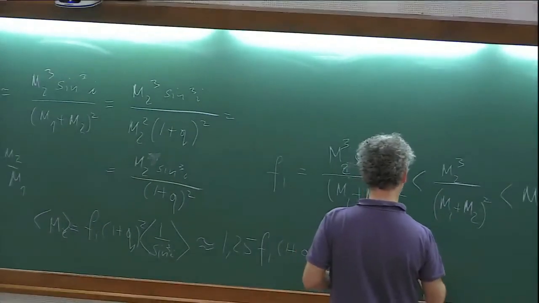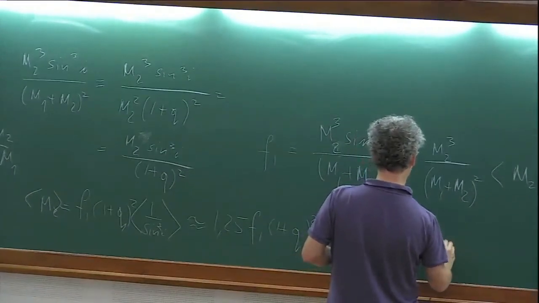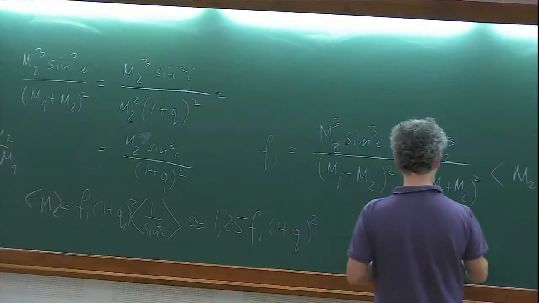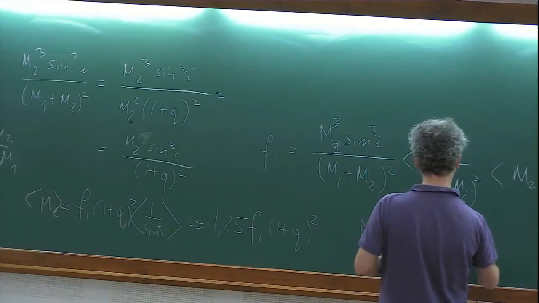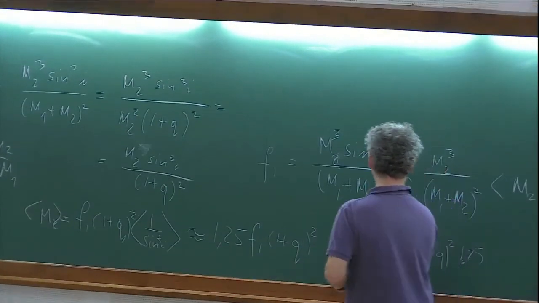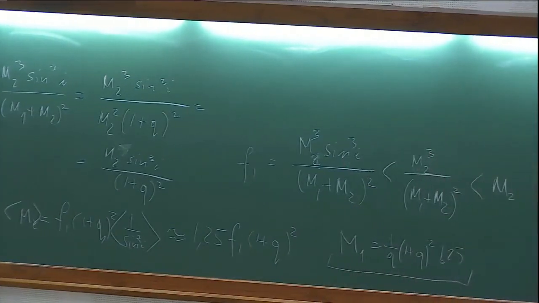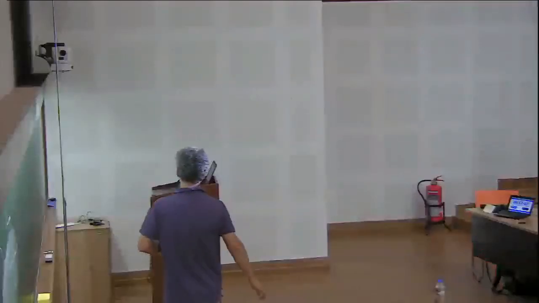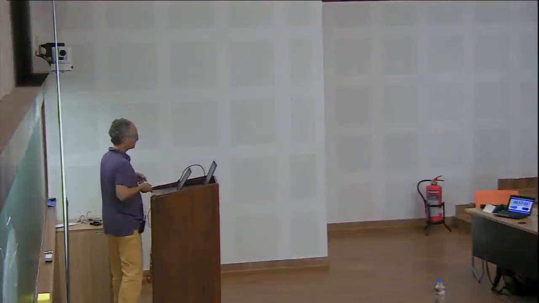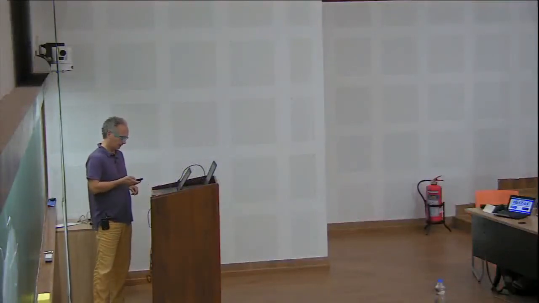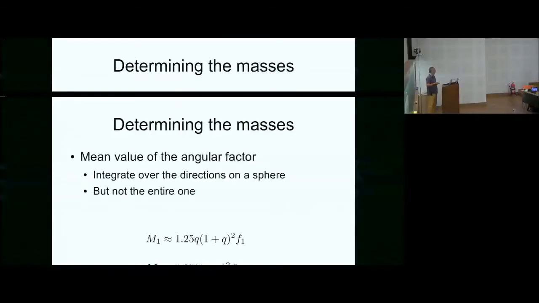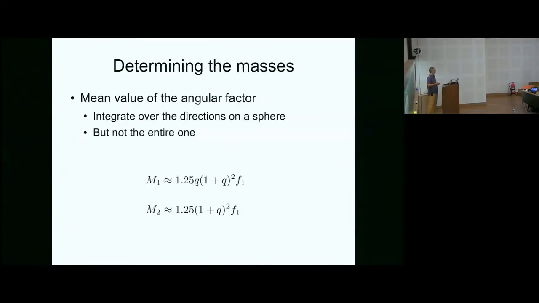If we define Q like this, then it's like that, squared times 1.25. But this is an estimate of the mass that is quite uncertain, and it's not a very good way.